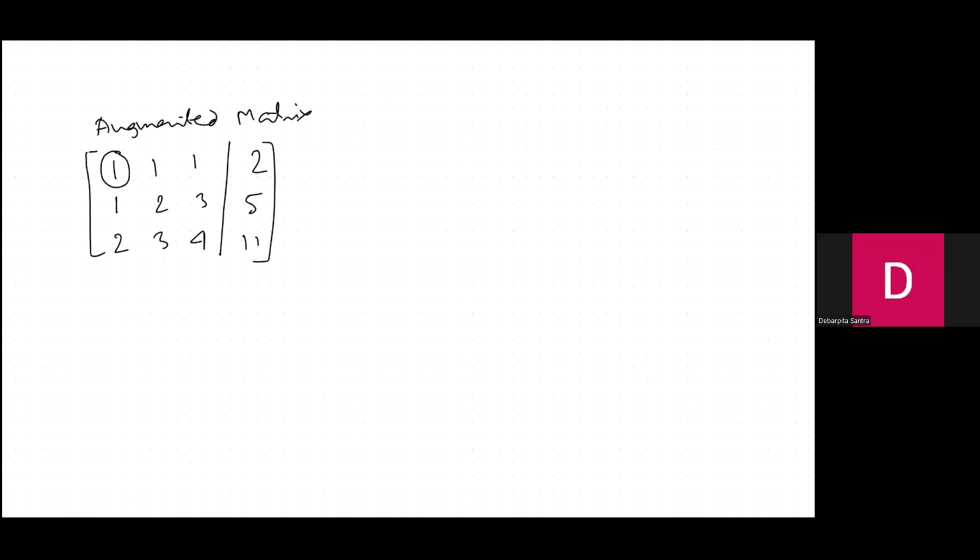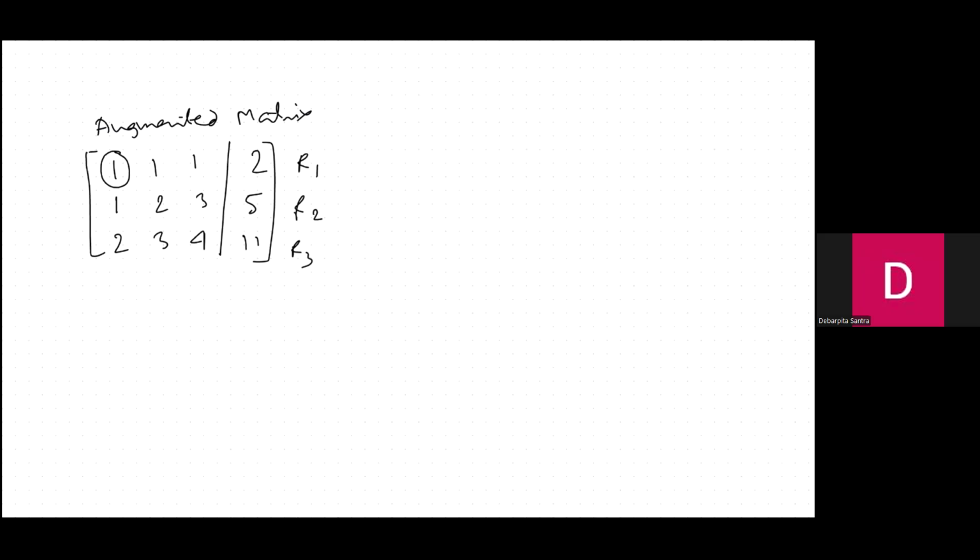So we have to do the basic row operations we have just learned. Name the rows R1, R2, R3.